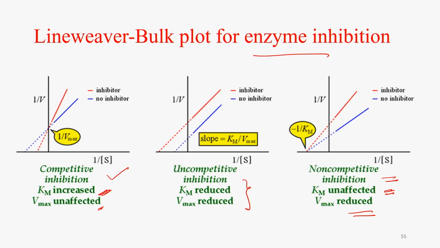In case of microbial growth, Km will be replaced by Ks and V max is replaced by mu max. So, for uncompetitive, both Ks as well as mu max are reduced. For competitive, mu max is unaffected and Ks is increased.